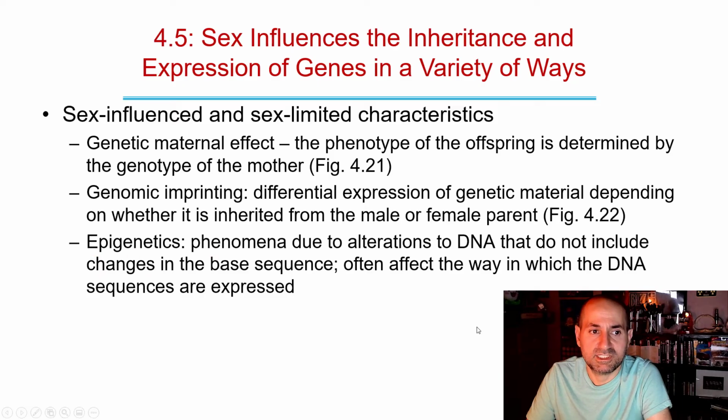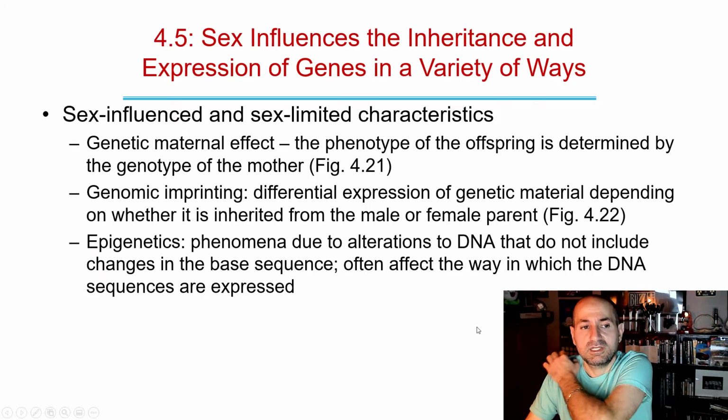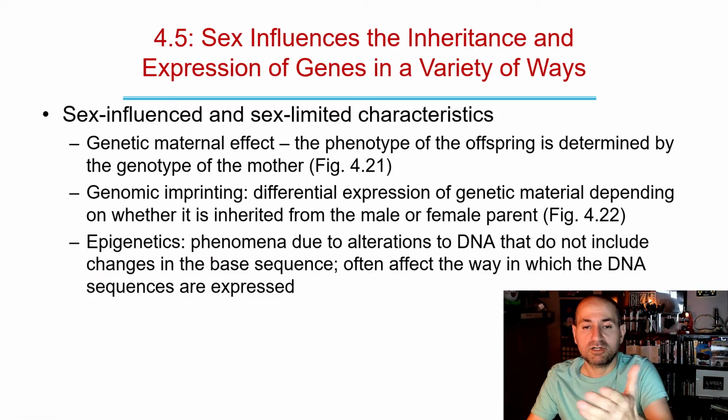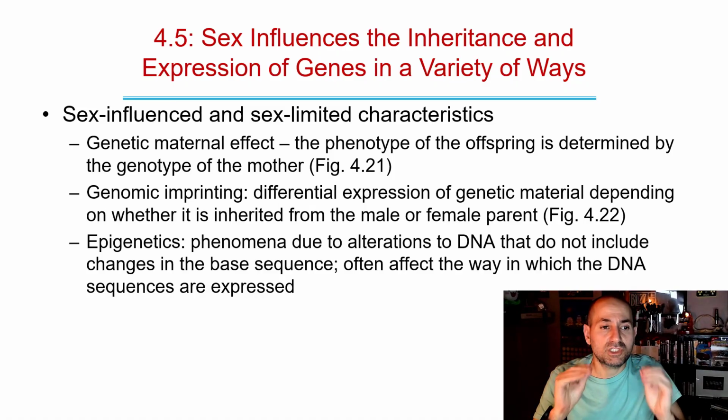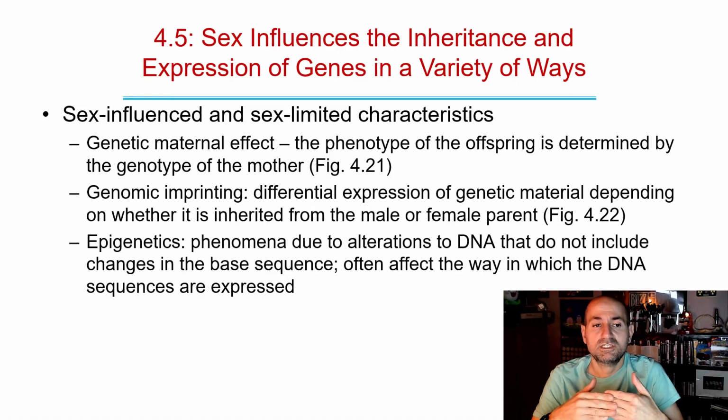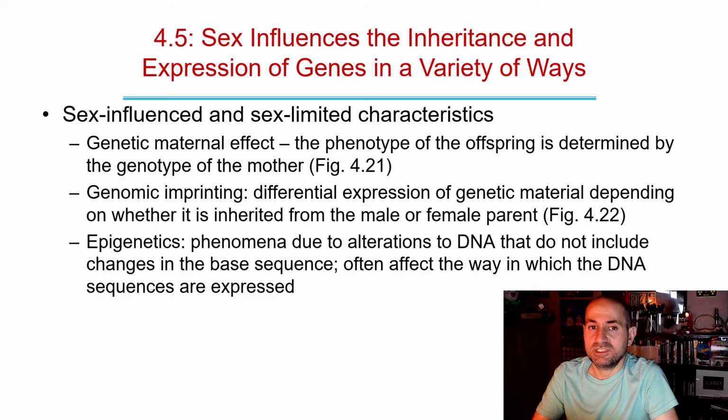When people talk epigenetics, they're usually talking about turning genes on or off, but not by changing the gene, but by changing the expression of the gene, usually by methylating the gene or by altering the histones.